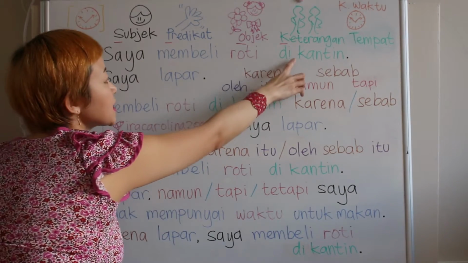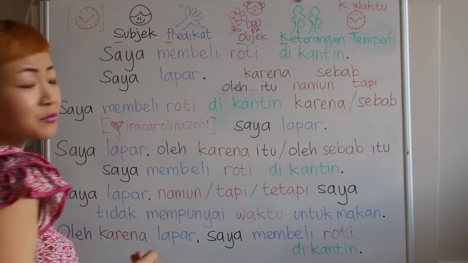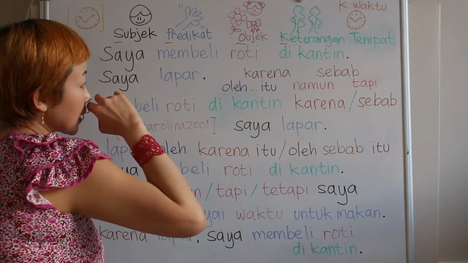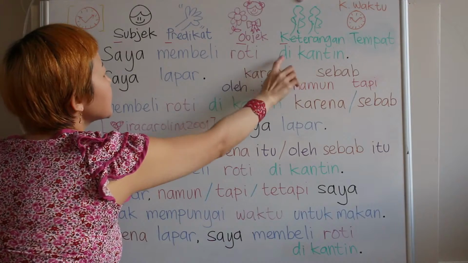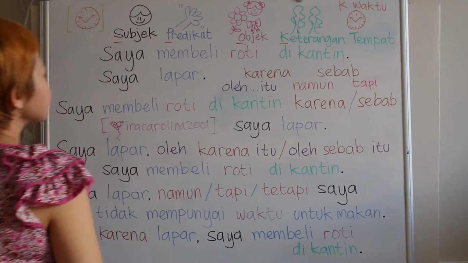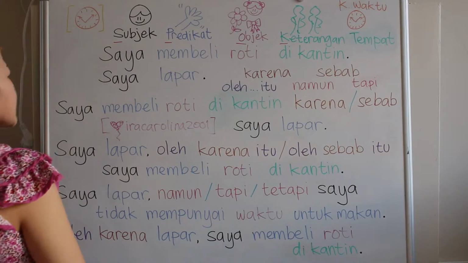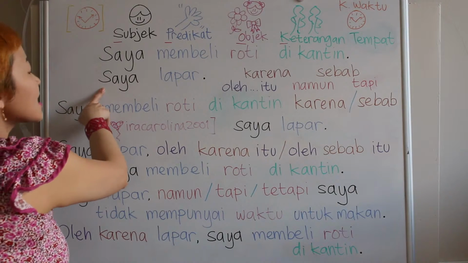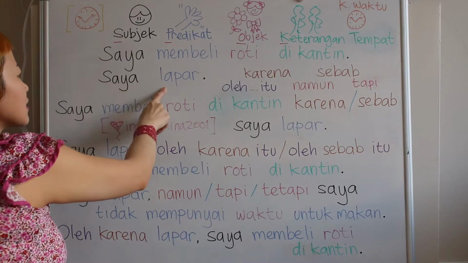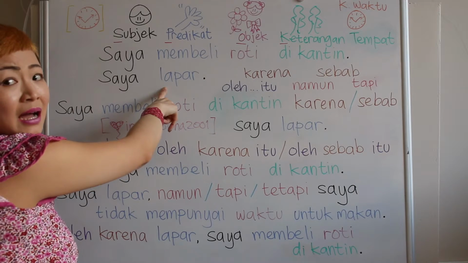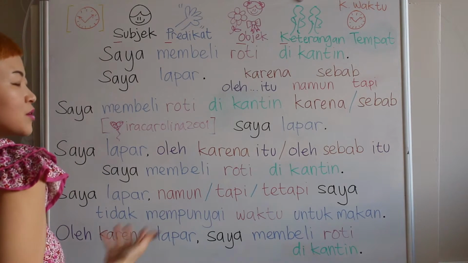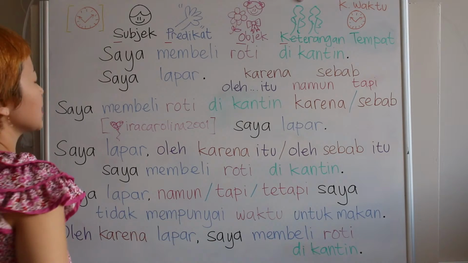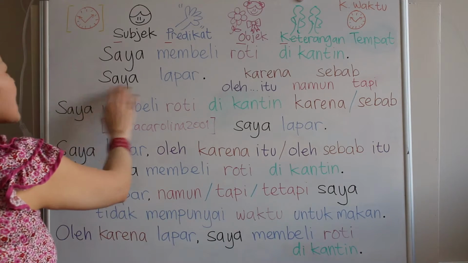We put a space here, same as in English, like "at canteen". Space, kantin. And the second sentence: Saya lapar, I hungry. When you have to say I'm hungry, you just say I hungry in the Indonesian language. Saya lapar.